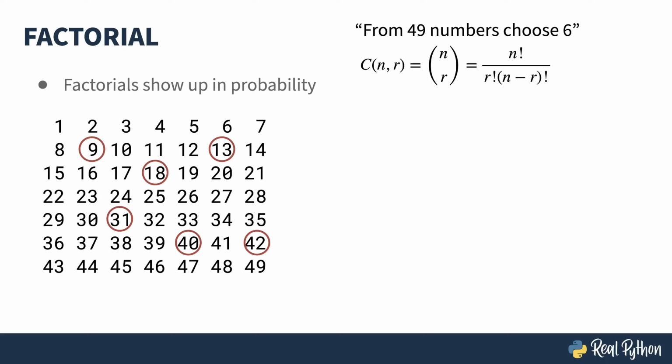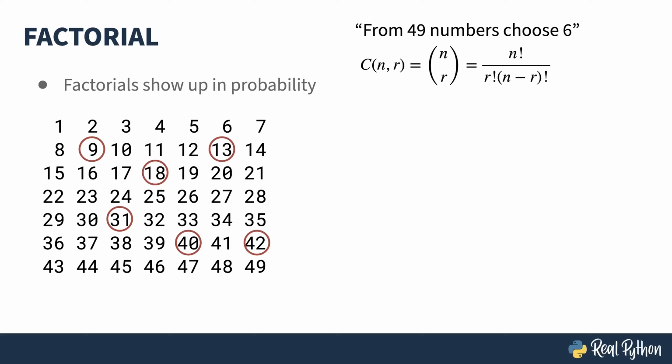This function is denoted capital C N R, or sometimes N C R, where N is the set of the population and R is the subset being chosen. It is also denoted as N over R in parentheses. There's lots of choices for choice. The formula for the number of combinations is n factorial divided by r factorial times (n minus r) factorial.